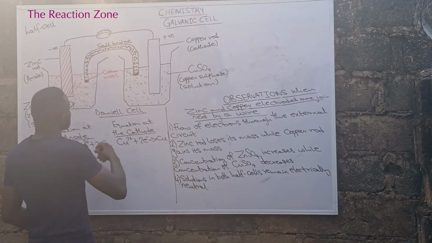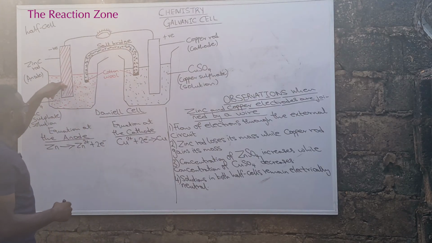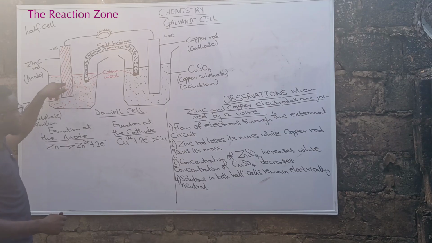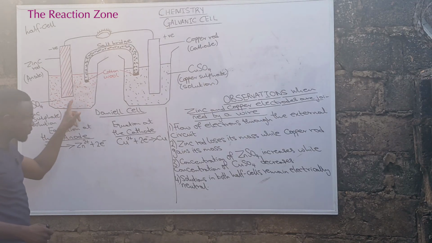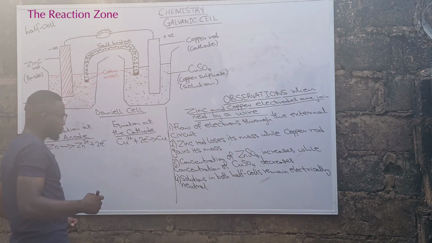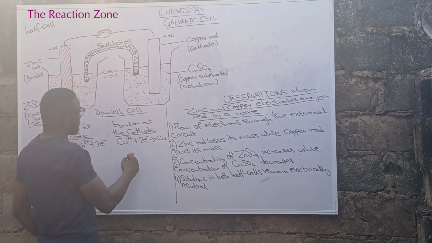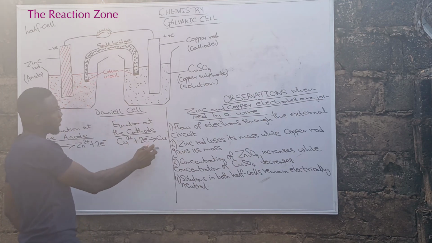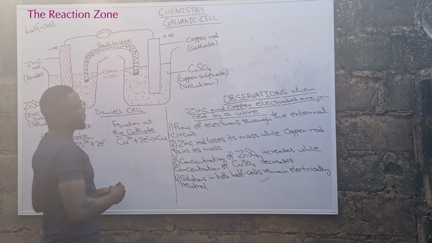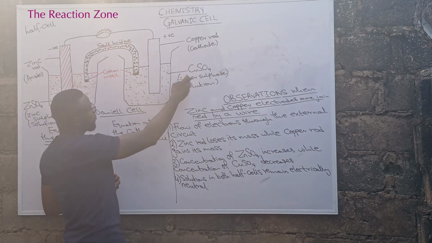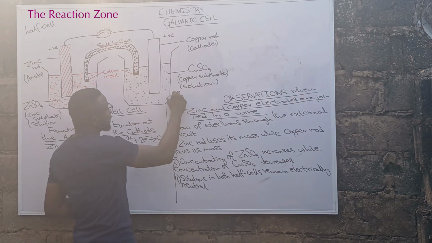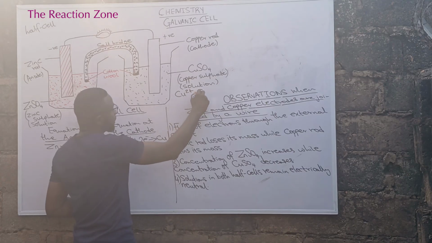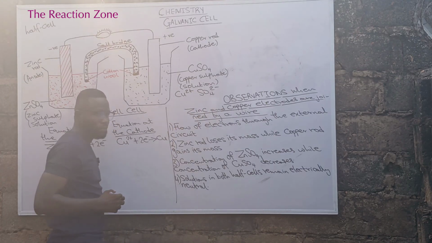Now, those electrons that are lost by zinc atoms ionizing and going into solution as zinc ions will be used to reduce copper 2 ions from the solution to copper. Now, let us not forget that the solution here is copper sulfate, which comprises copper 2 ions and sulfate ions.